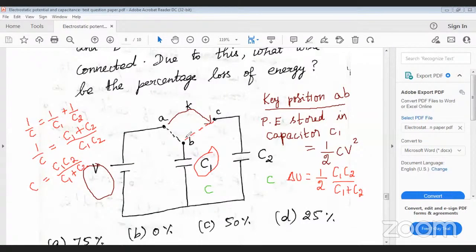Here also, when you switch the key position to this point, you will have the capacitances C1 and C2 in series. So half C1 C2 by C1 plus C2 into V squared. V here is the difference in potential. Initially the potential is 0, now the potential is V, so the difference in potential is V squared only.